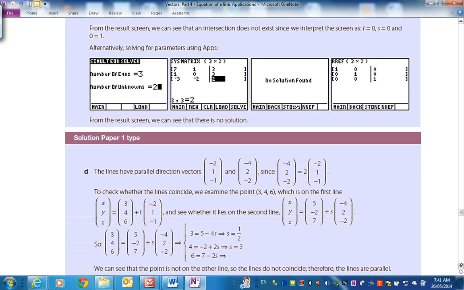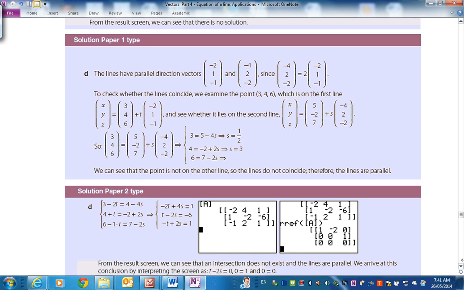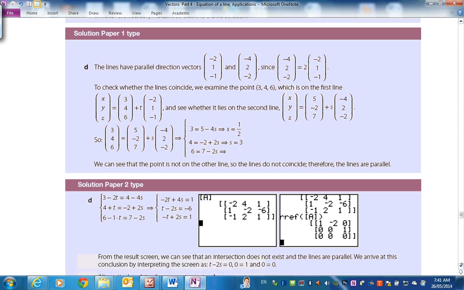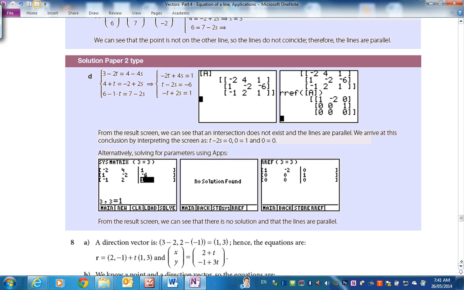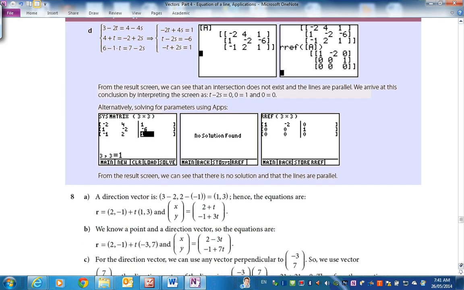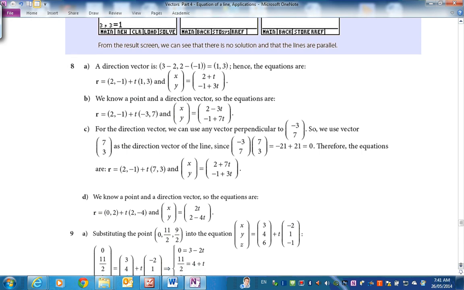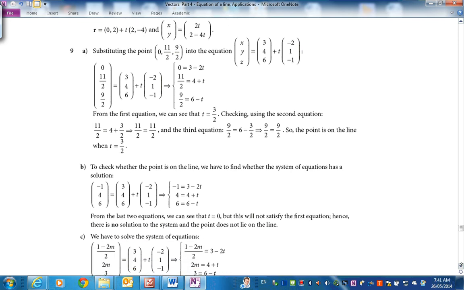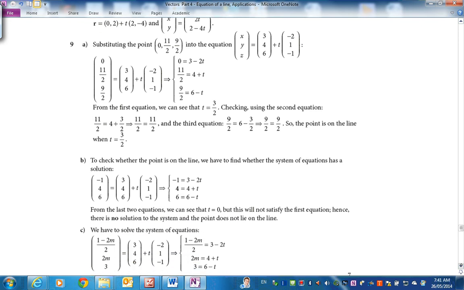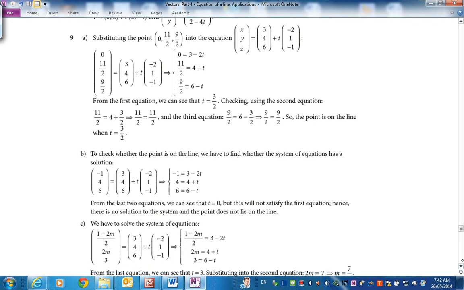Then part D, and again on the Casio using simultaneous. Question 8 there, the solutions, 4 parts. Question 9, just a little bit more there for question 9. Have a look at the rest of it in a minute.